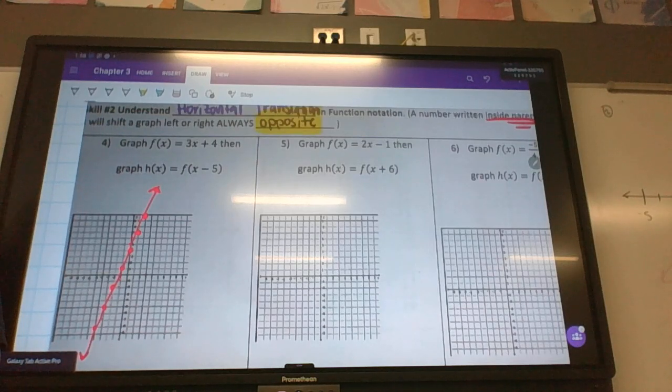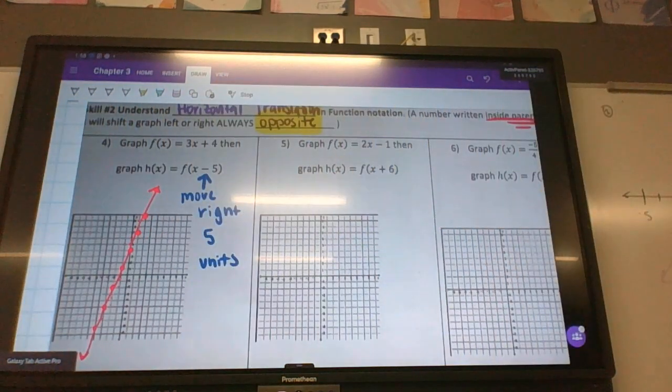So this right here means I'm going to take my graph and move every point right 5. Every point gets moved right 5. When there's a number in parentheses, it's left and right, opposite of what you might think.